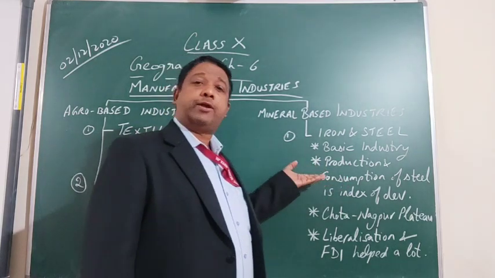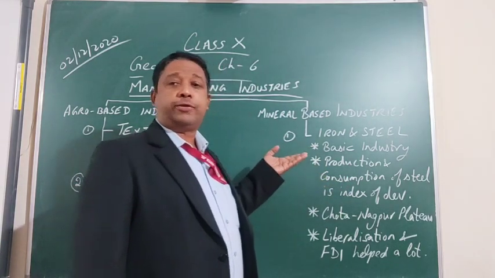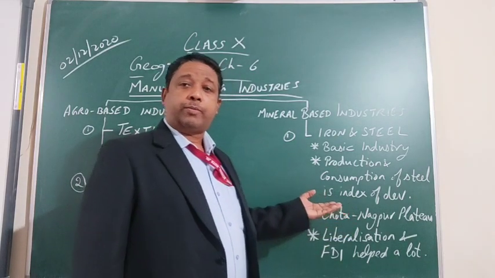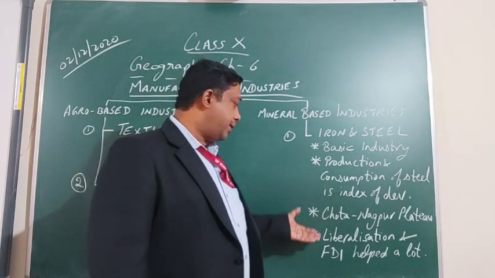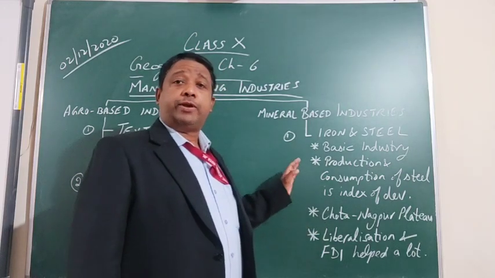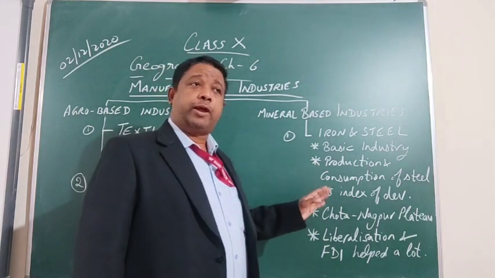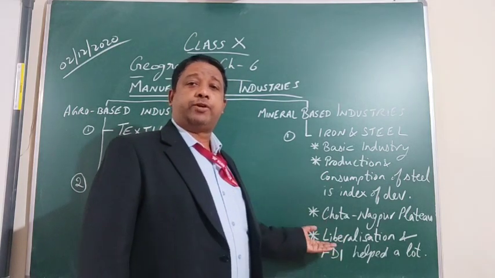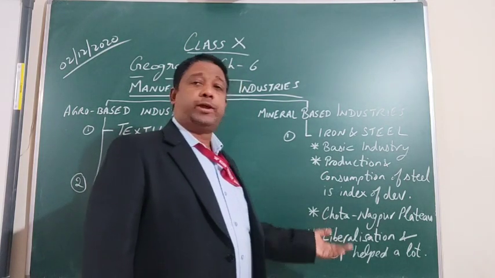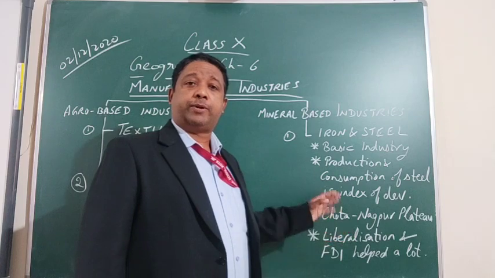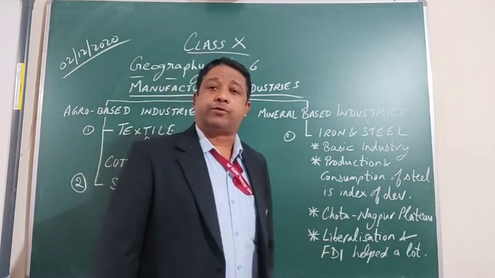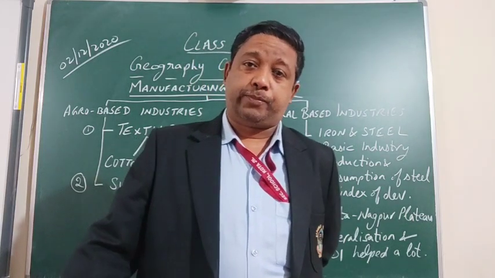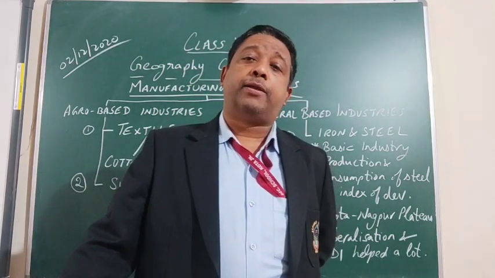Because of that also, this industry is very important, mainly concentrated in the Chota Nagpur Plateau, Jharkhand and nearby areas. This industry is self-sufficient, and now it is getting a boost because of liberalization and FDI, that is, foreign direct investment, these policies of the government. Alright, till here we had done.